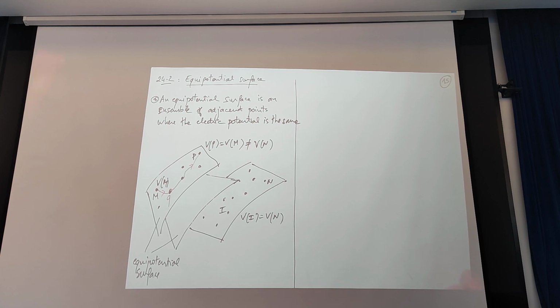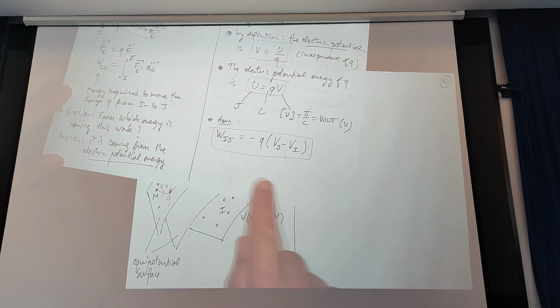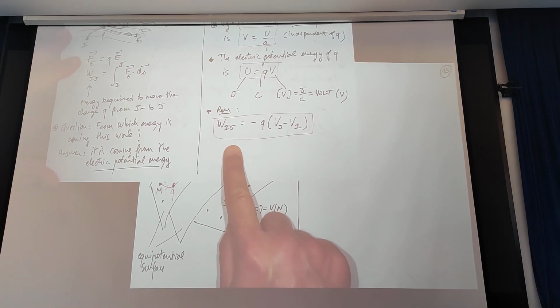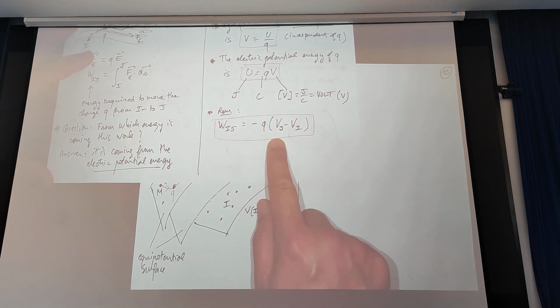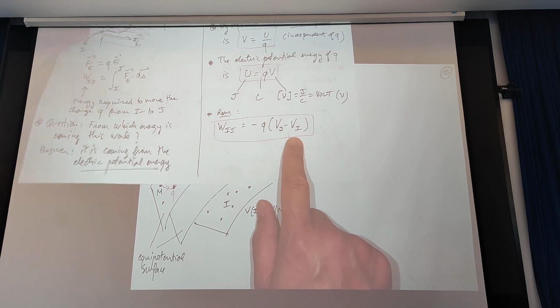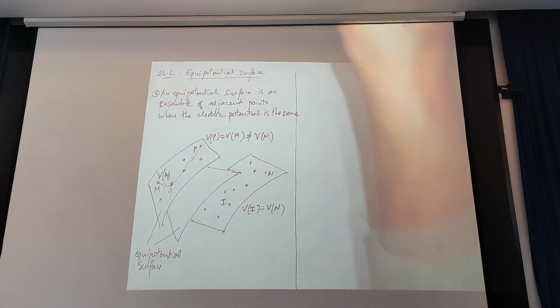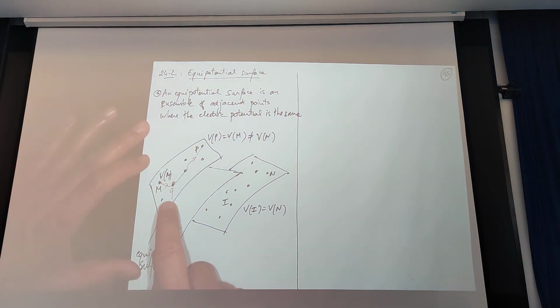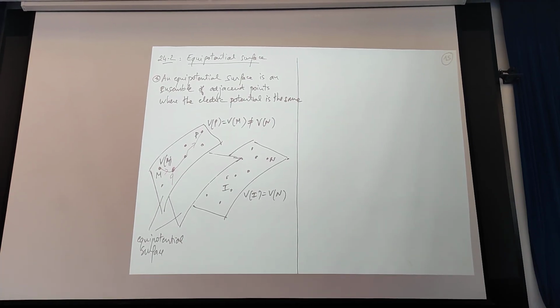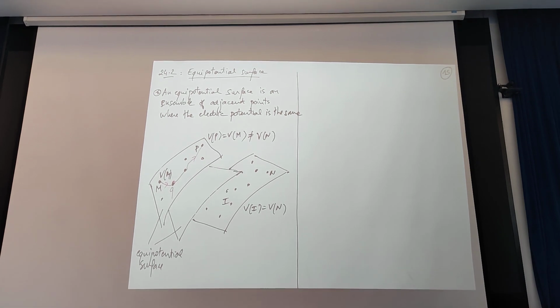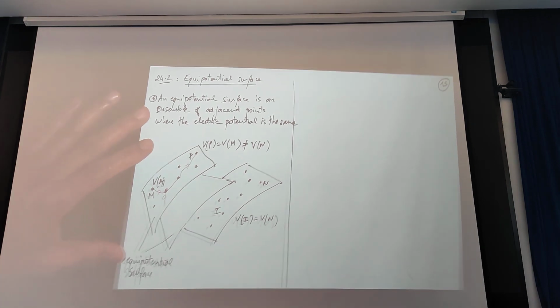Because, as I said before, the work required to move a charge from a point E to G is minus Q times the difference of electric potential. So if we consider a charge moving on an equipotential surface, we do not know where the equipotential surface is, but imagine that we can see it. The energy required to move the charge Q on an equipotential surface is zero.